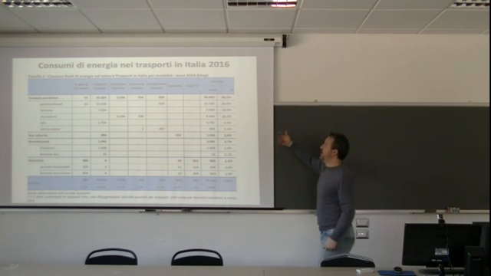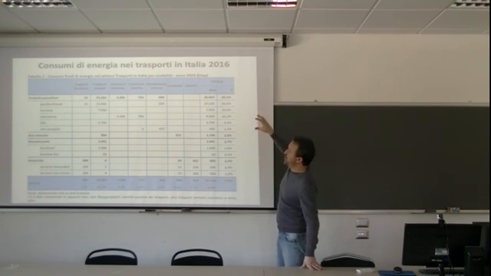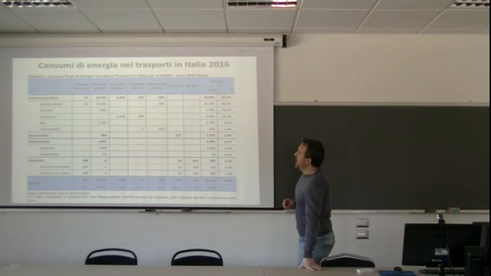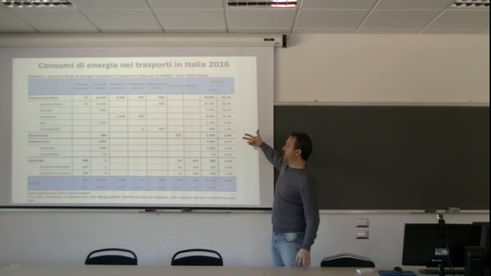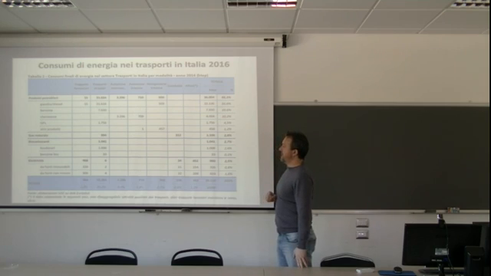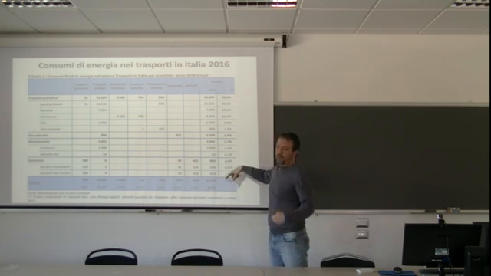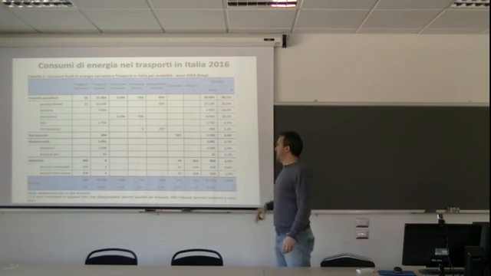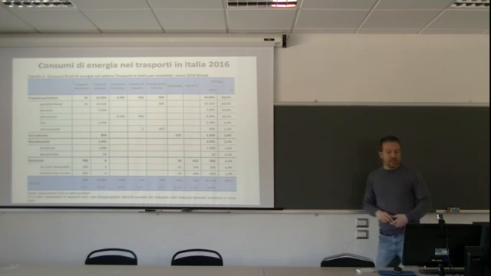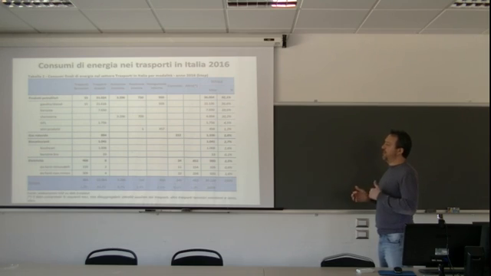And here you can see also the percentage of each product, and for example for biofuels we are less than 3%, and another 1% of renewable energy comes from electricity. So in total we are at 3.5%.